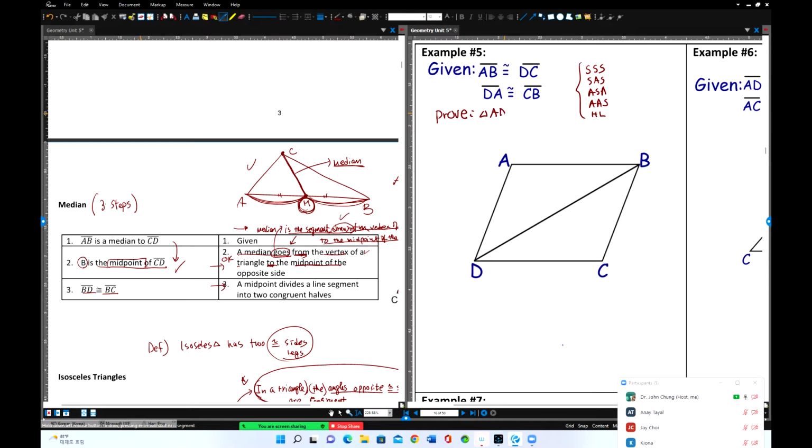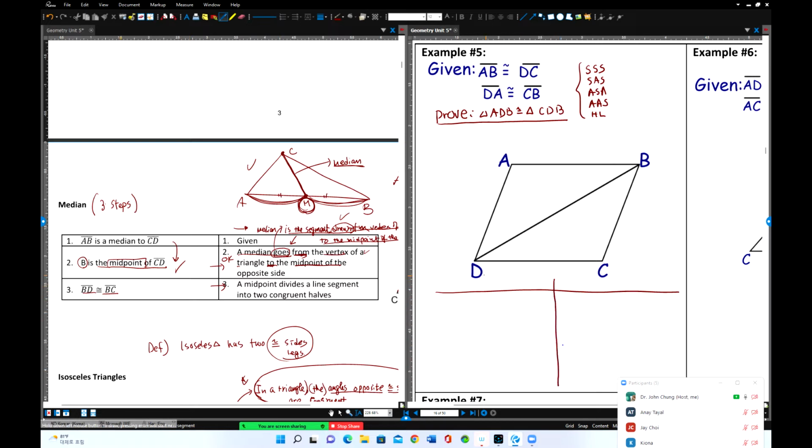Triangle ADB congruent to triangle CBD. Prove this one using a two-column proof. A two-column proof is what?